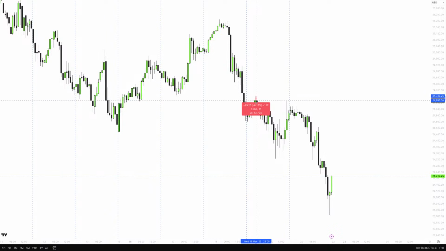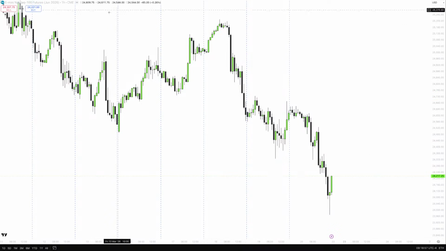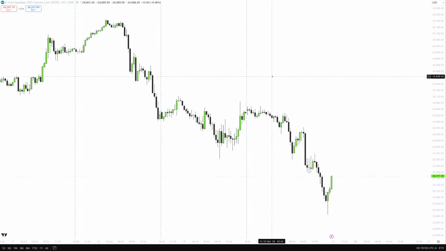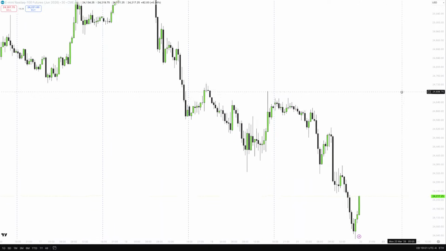So let's say on Thursday, when we are doing the analysis, we could have seen that it is 300 handles for now. Let's actually go to the 30-minute time frame because we can see the opening there better.